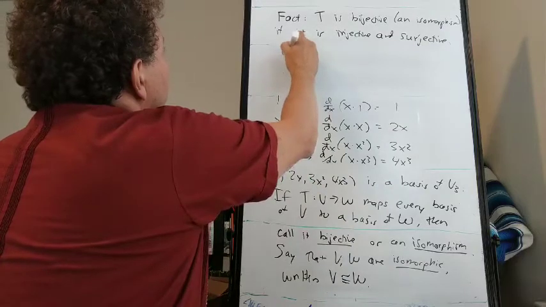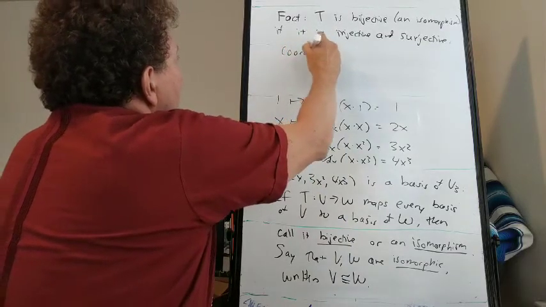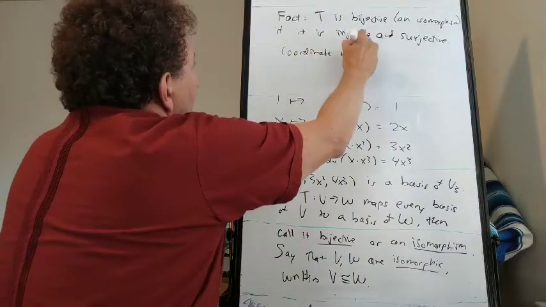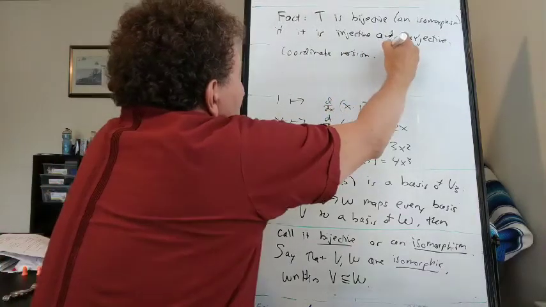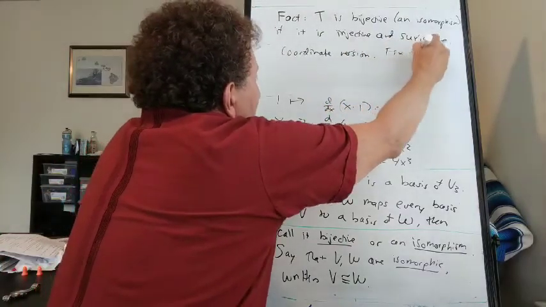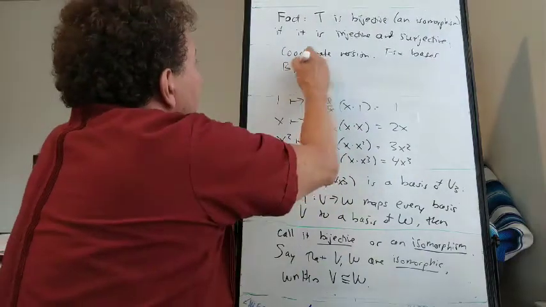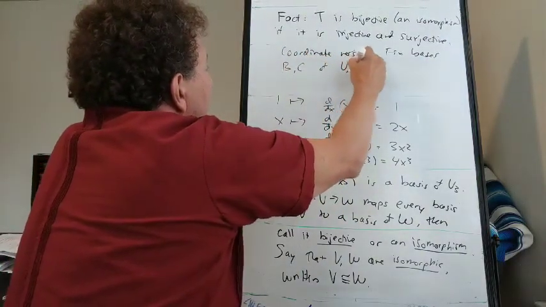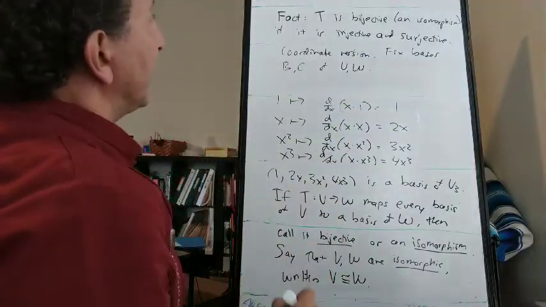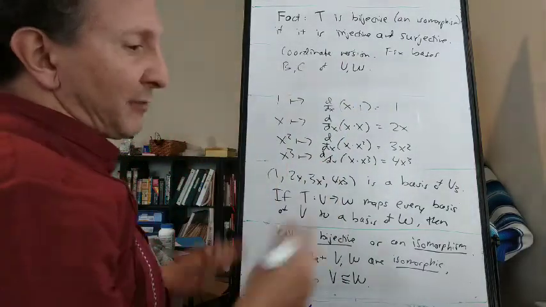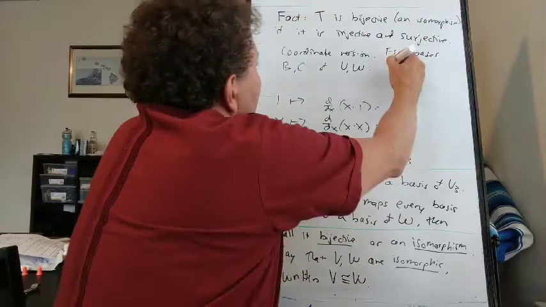And the coordinate version of this: again, if we fix bases B and C of V and W, then the transformation T is left multiplication by some matrix.